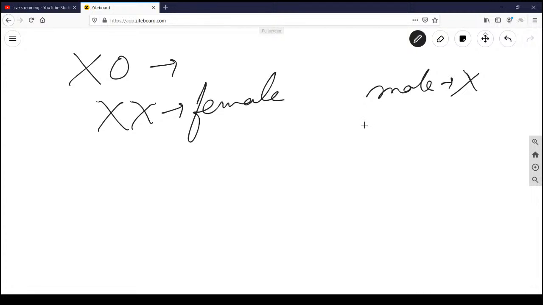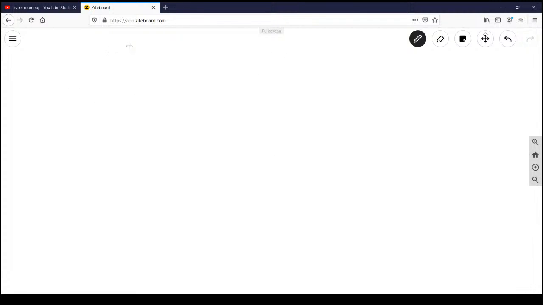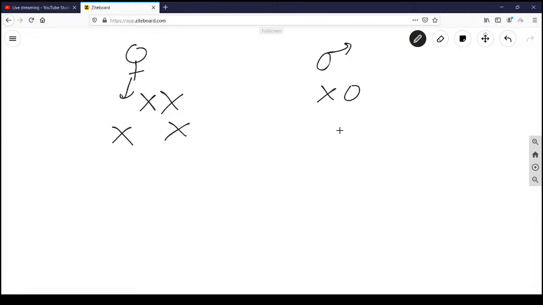And the gamete with X fuses to form the offspring. So if I say the female here is XX, and this one is X naught, once the gametes form, the female gametes will be X and X. Here the gamete will be X, nothing.